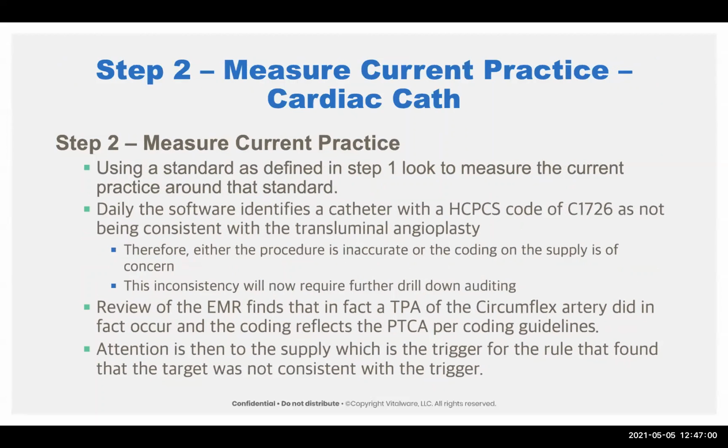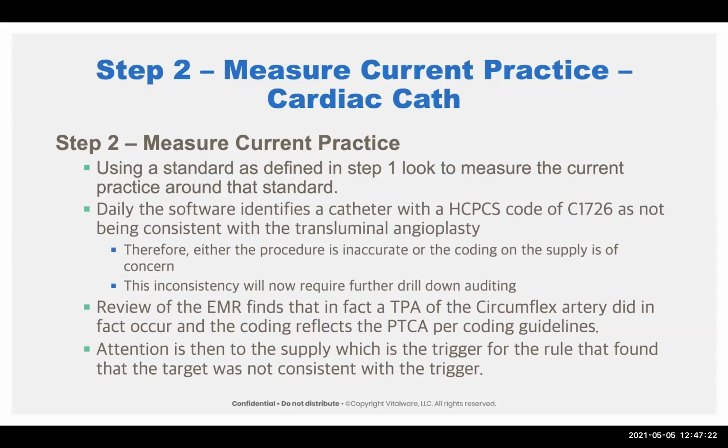So standard, you look back and the daily software identifies a catheter with C1726 as not being consistent with a transluminal angioplasty. So just about every one of my transluminals are spitting out the fact that the C1726 is not consistent with that procedure.